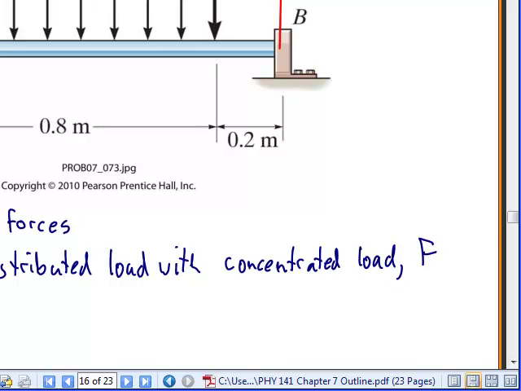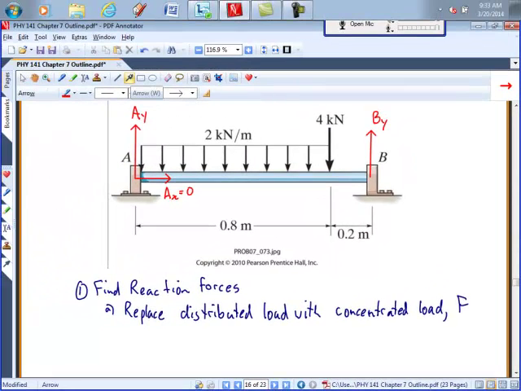F. Where are we going to draw F? Right, it's a rectangular shape here, so we would draw it halfway between at 0.4 meters.